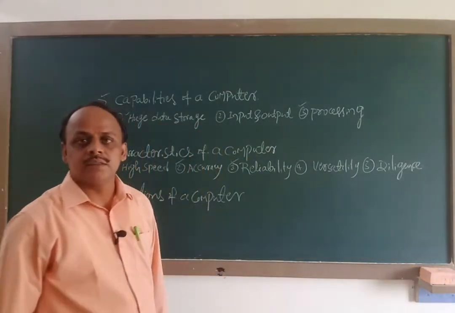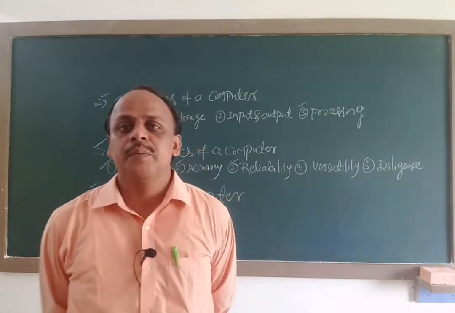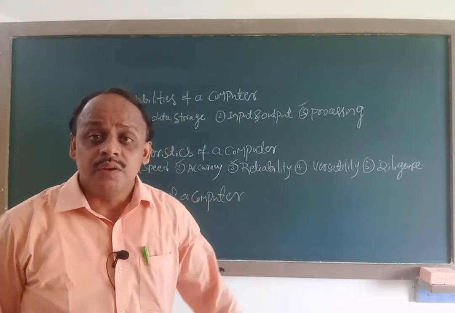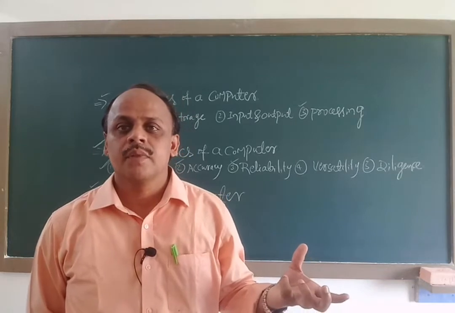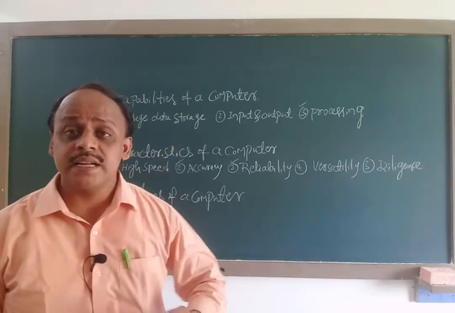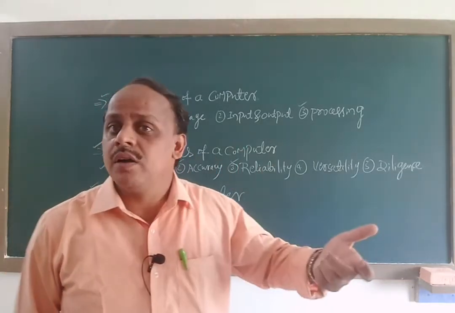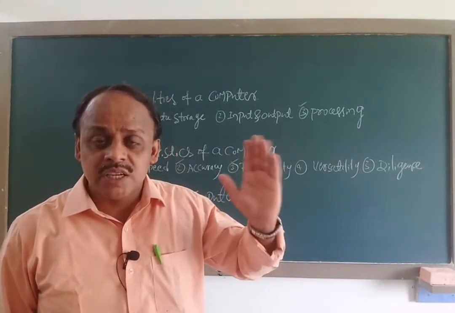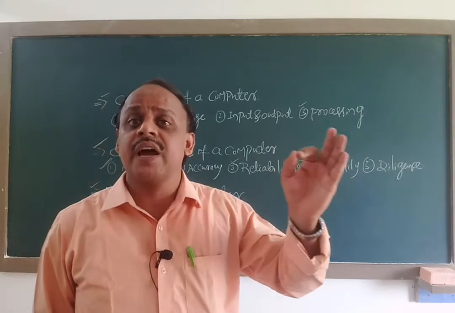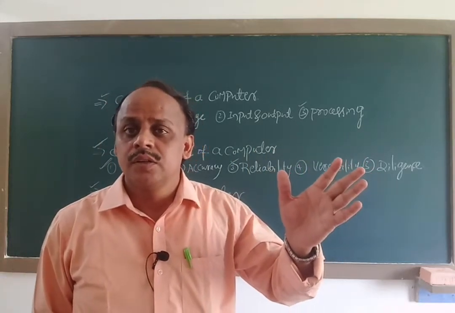And the third point is reliability. It means we can believe in the computer. This reliability point says that we can believe in the computer, in such a way that it always gives the correct result within a fraction of a second.